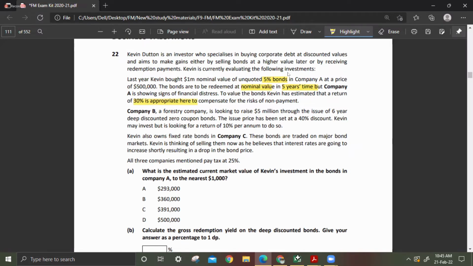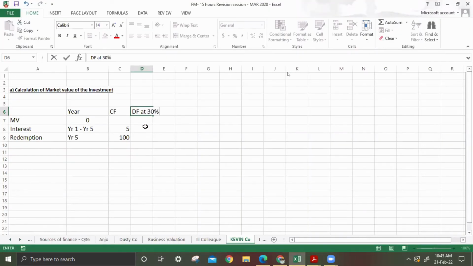Can you tell me what is the annuity factor for 5 years at 30%? This is going to be 1 divided by 1.3.